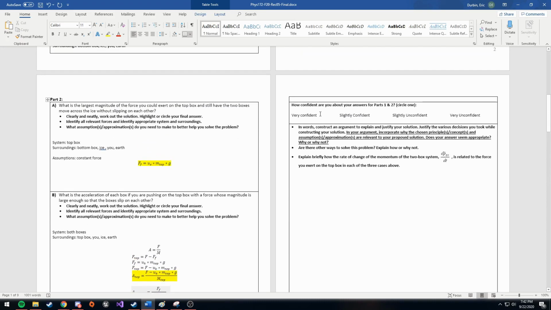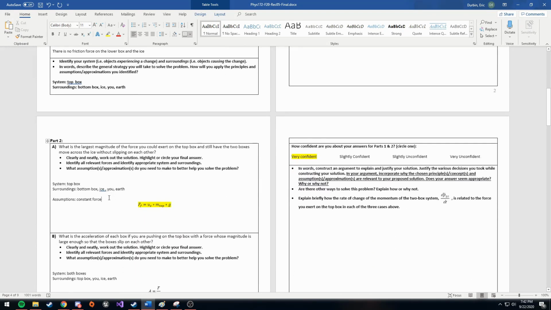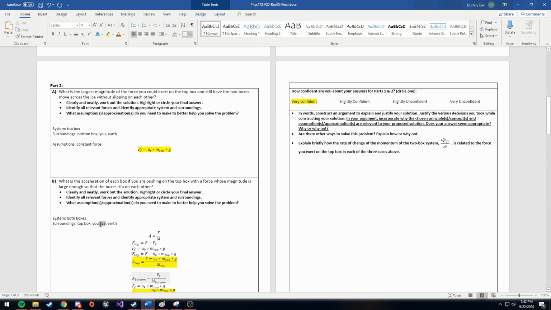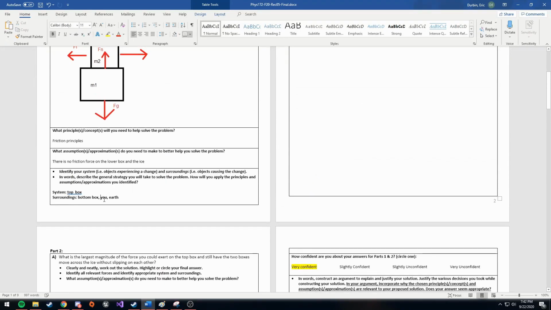By the way, for surroundings, for the first one, part 2A, ice is not required. Ice doesn't have to do anything. I really don't think ice is a surrounding on any of them, because the ice doesn't contribute any force.